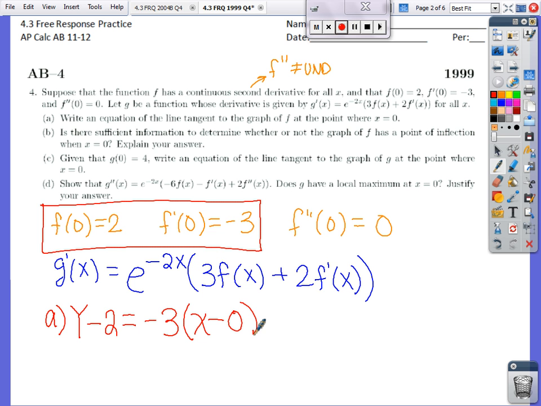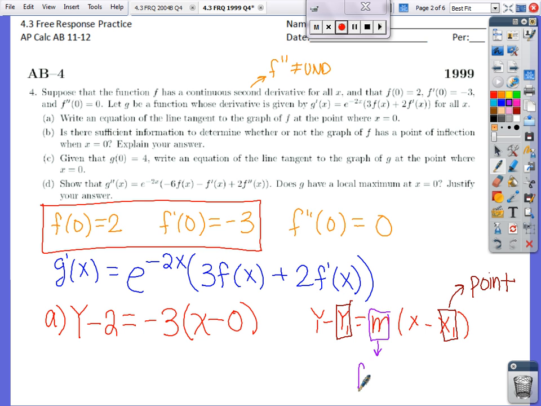Remember that the formula we're using here is y minus y1 is equal to m times x minus x1, where this is the point that we're going to make the tangent line at, and this is the derivative at that point. So there's your part A.